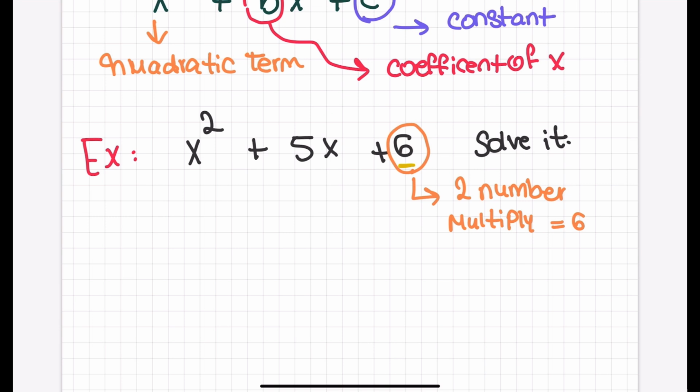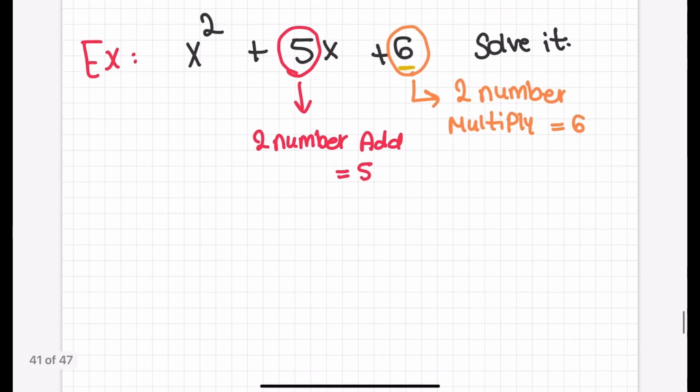And regarding the 5 here, you're going to ask what two numbers, if I add them together, give me 5. So we need to find two numbers that when you add them together give you positive 5, and when you multiply them together give you positive 6. Keep in mind, here I have positive, so this is positive 6, and here I have positive, so it's going to be positive 5.